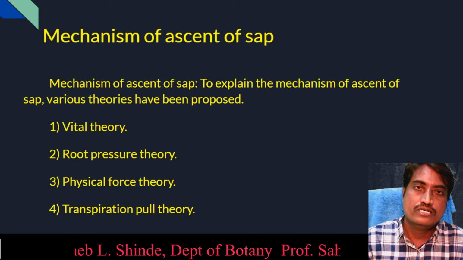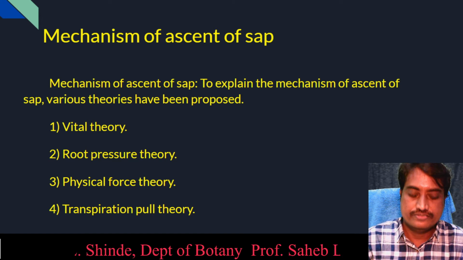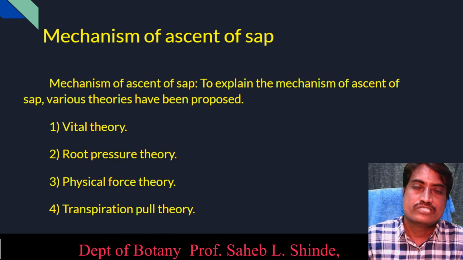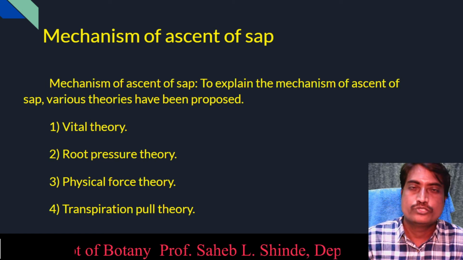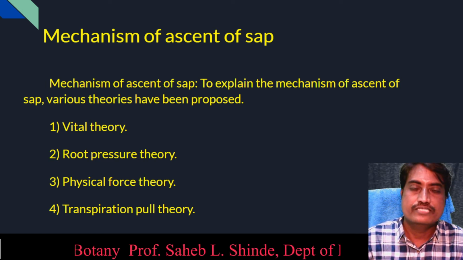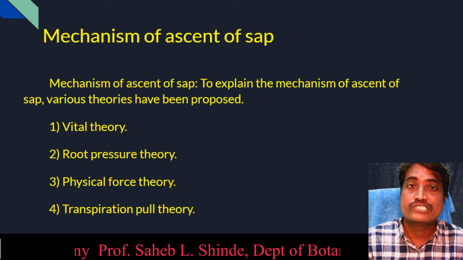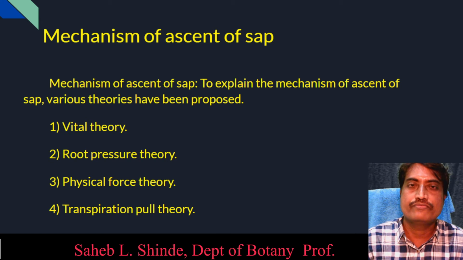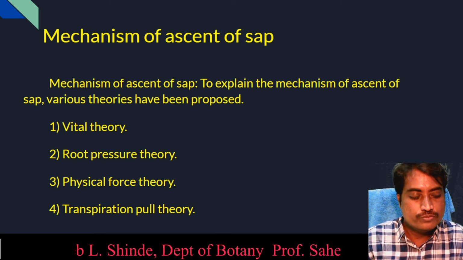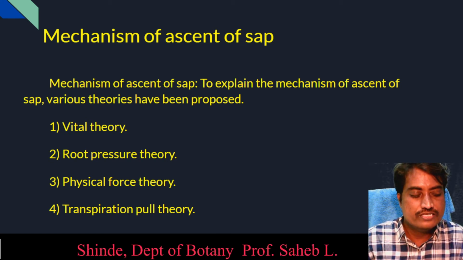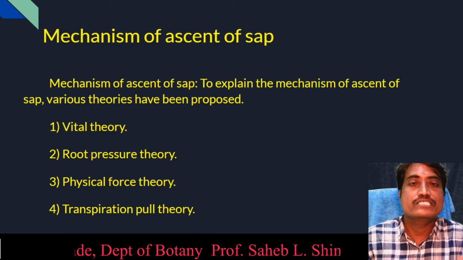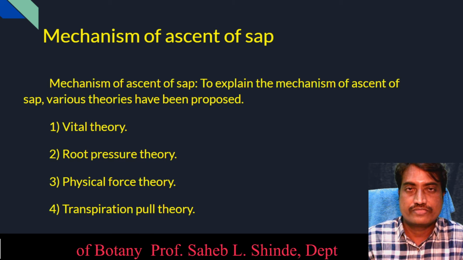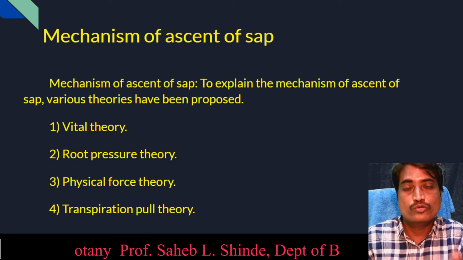Later on, the root pressure theory came into light. The root pressure theory says that by the absorption of water by the root tissues, a pressure is developed, that is turgor pressure, and the root tissues swell up. Because of this turgor pressure, the water is raised up by pushing the water inside, and the water moves from the lower side to the upper side.